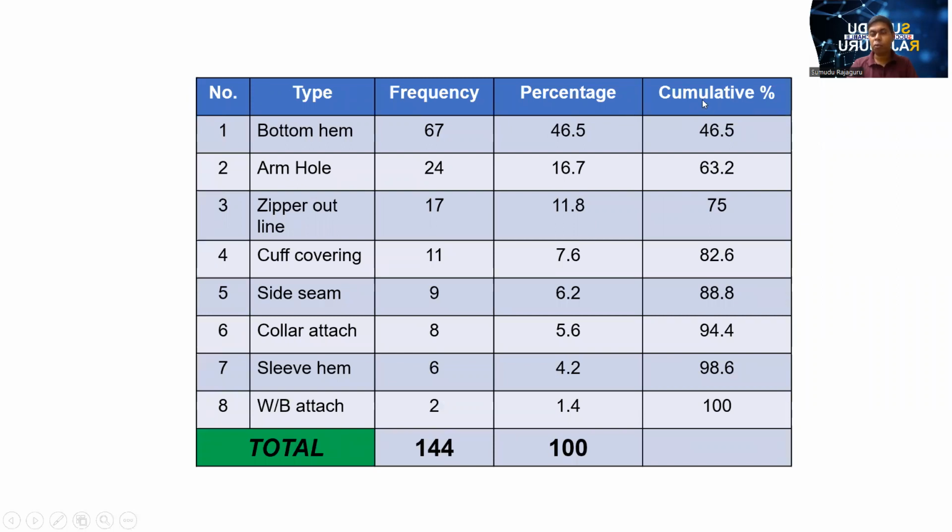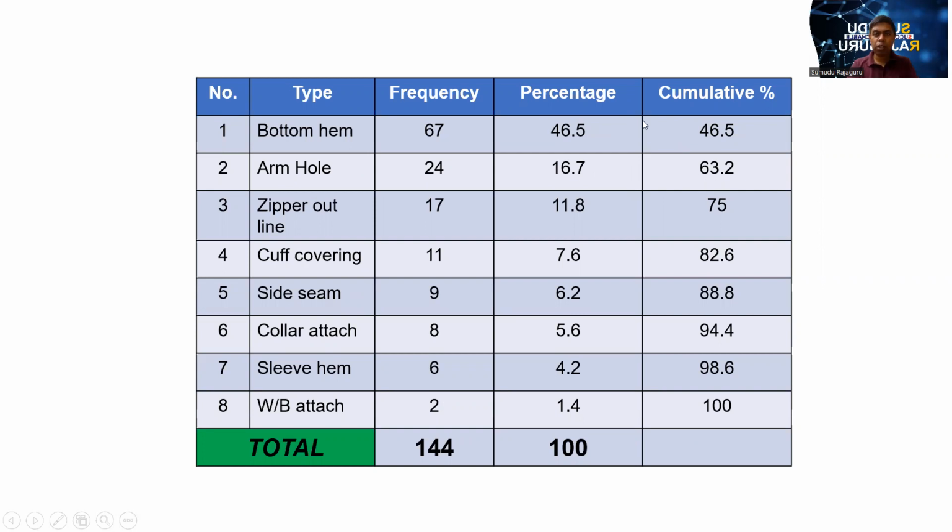How can we calculate the cumulative percentage? In here, 46.5, so the cumulative percentage is 46.5. When we come to here, we have to add 16.7 to 46.5. Then the cumulative percentage is 63.2.